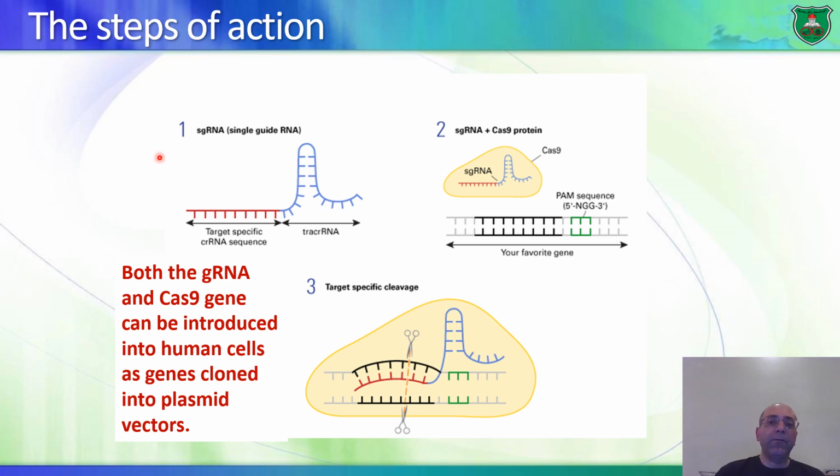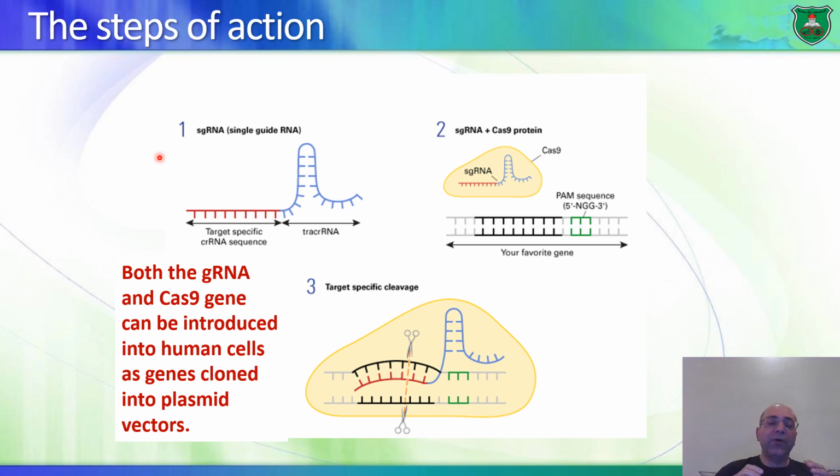Now, how does Cas9 do that? Well, with recombinant DNA technology, you have the insertion of the Cas9 gene into a plasmid, along with the RNA molecule that would be integrated into the Cas9 protein. So it's a recombinant gene, a Cas9 recombinant gene.